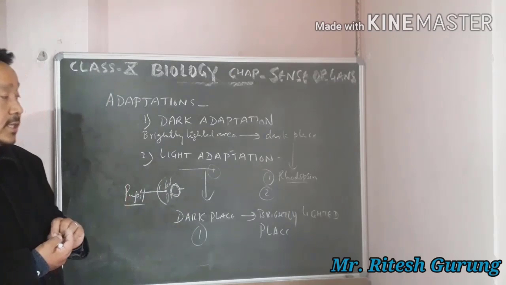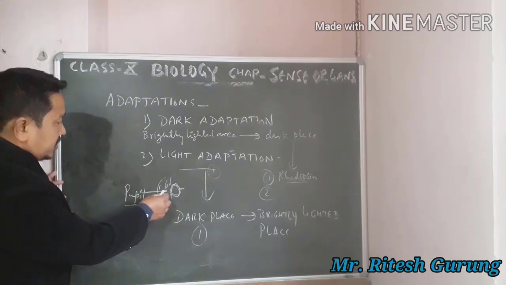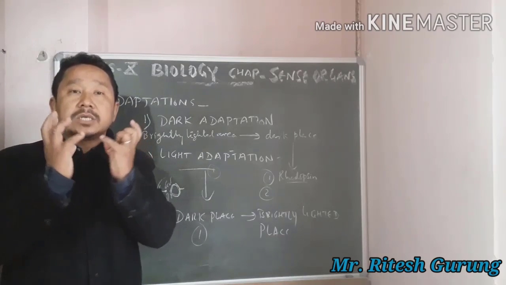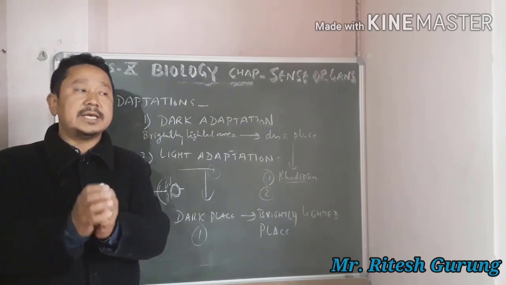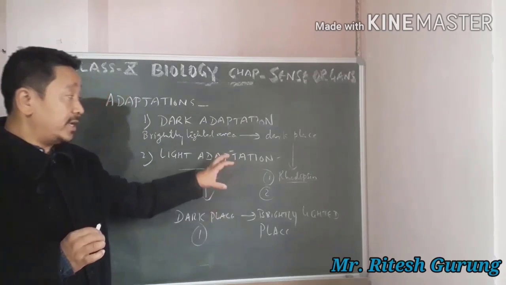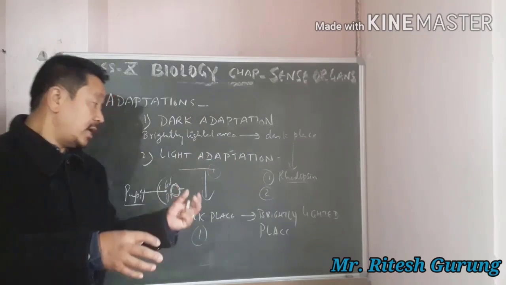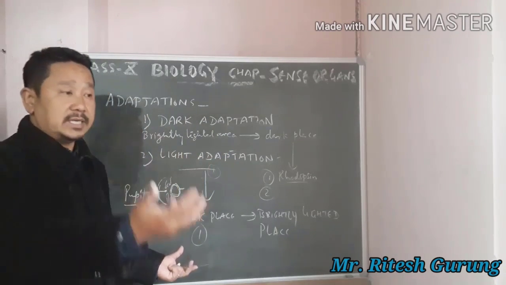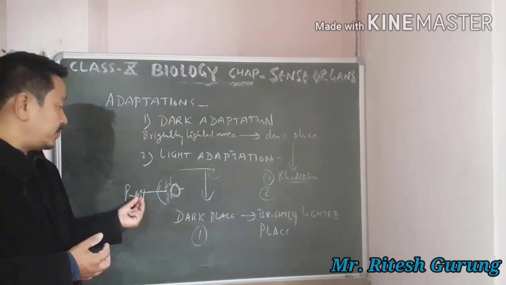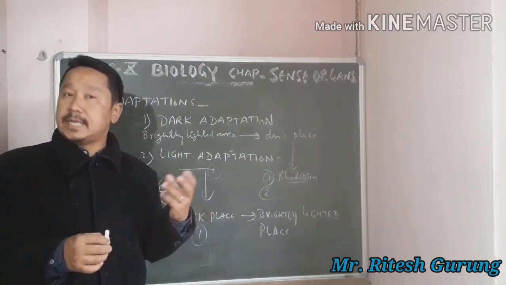Number two, this pupil slowly constricts so that less light enters. When it is dark, the pupil is dilated so that more light enters, and in the brightly lighted area the pupil gets constricted so that less light enters.